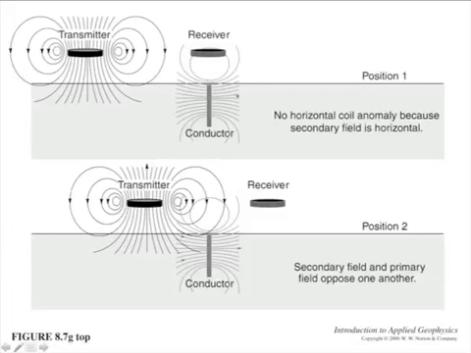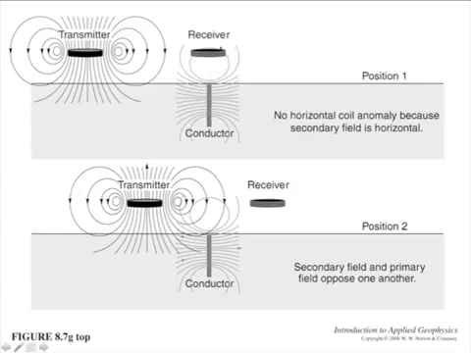So let's say we have a transmitter and receiver, and we're at position 1, which is the most to the left. The transmitter is inducing an eddy current in the vertically oriented conductor, and that's producing its own magnetic field.